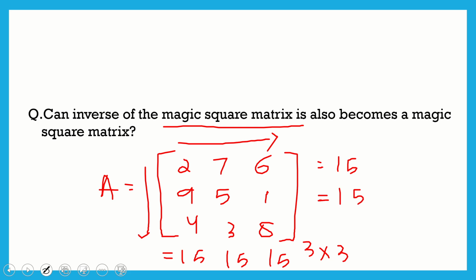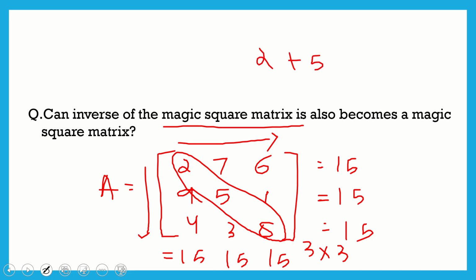I think you have the ability to add these numbers. Also in the diagonal you see, if you add 2 plus 5 plus 8, you also get 15.